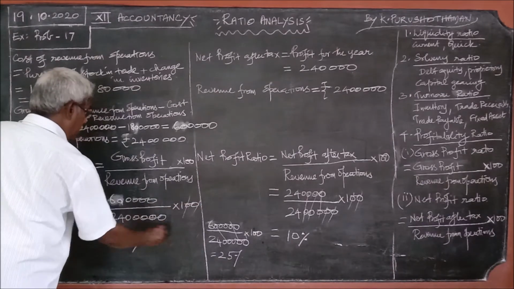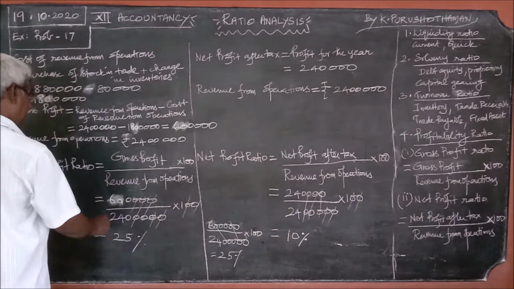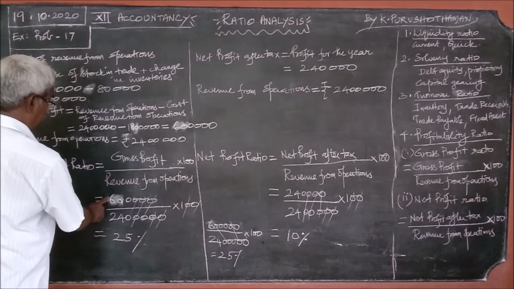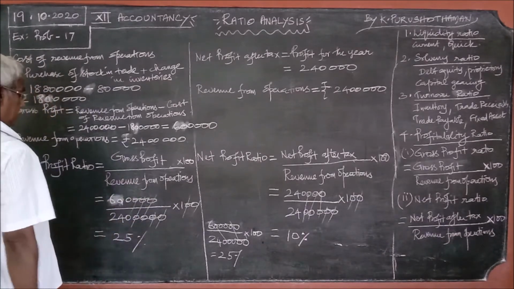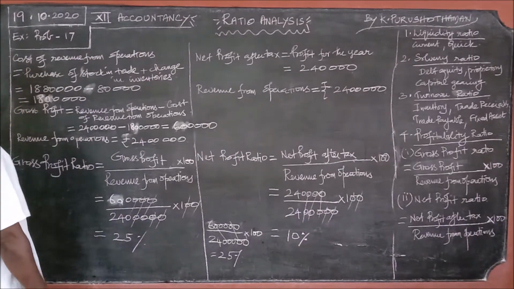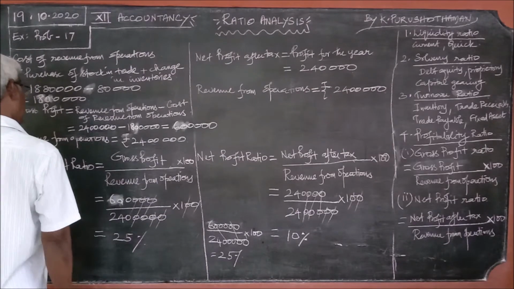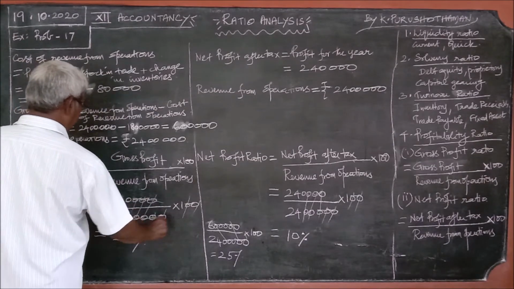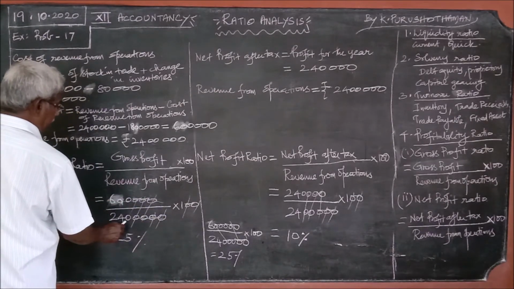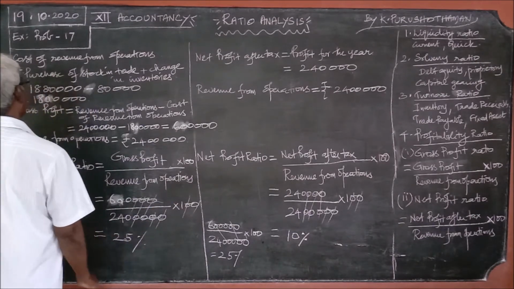Because of the two zeros, 24 times 4 is 96, so you will get 25%. Or else you can make the simplification easier: cancel the zeros, simplify 6 and 24, it is 4, 100 by 4, 25%.